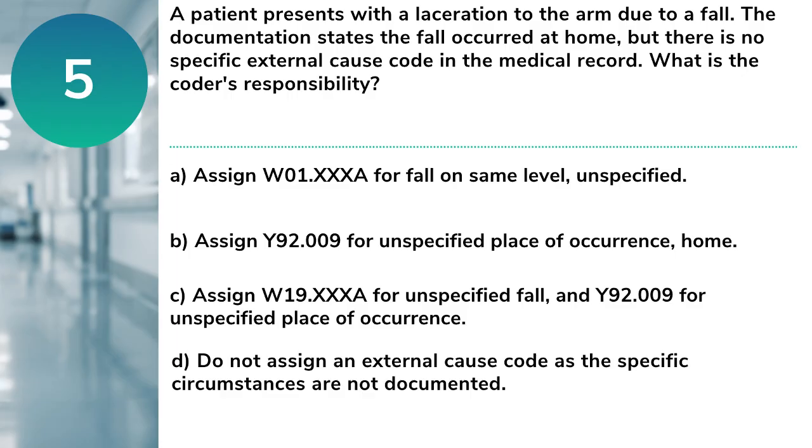B. Assign Y92.009 for unspecified place of occurrence, home. C. Assign W19.XXXA for unspecified fall, and Y92.009 for unspecified place of occurrence. D. Do not assign an external cause code as the specific circumstances are not documented.